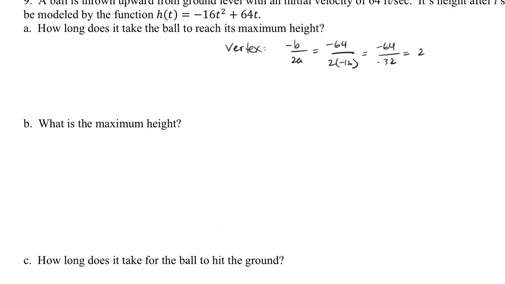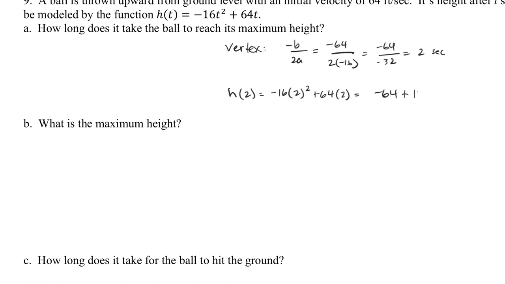And if t stands for time, then this formula tells us that the vertex occurs when the ball has been in the air for 2 seconds. That's when the maximum height occurs. We find the maximum height by plugging 2 in for t. So 2 squared is 4 times -16, that's -64.